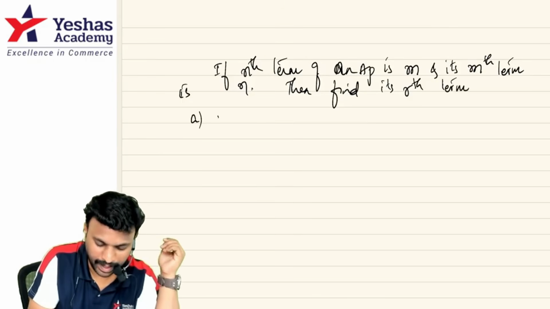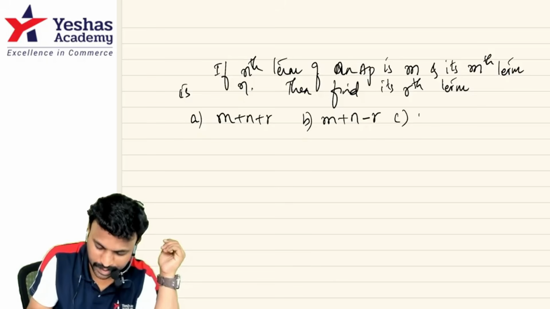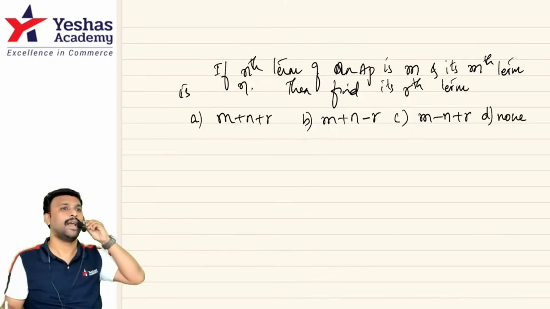Option A, m plus n plus r. Option B, m plus n minus r. Option C, m minus n plus r. Option D, none of these.